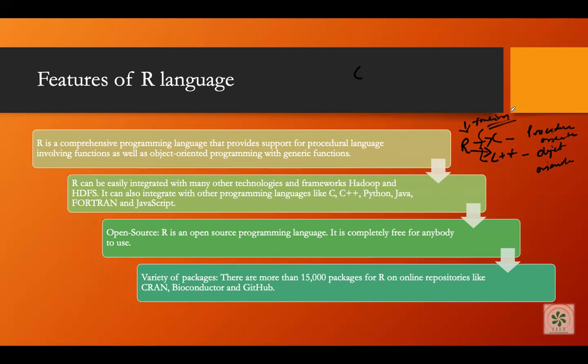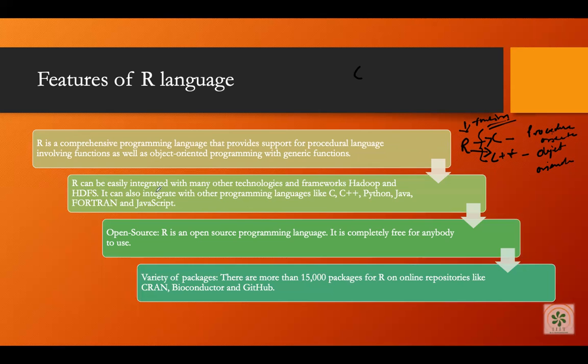We'll talk about those functions later on when we discuss different functions associated with different data structures of R. At that particular time, we'll go for other details. Then we'll talk about different functions that are very much useful in R. So R is supporting both types of programming, procedure oriented as well as object oriented.